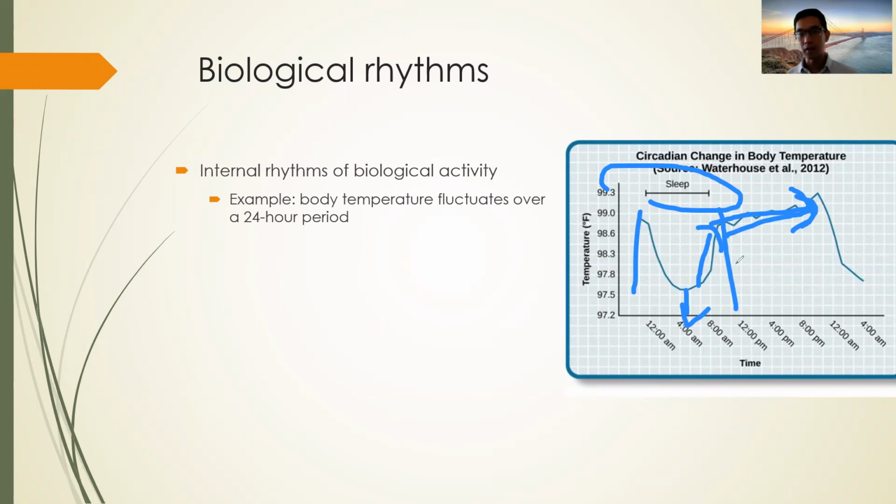There is this kind of pattern of changes that repeats every 24 hours. So there is a 24-hour period of internal rhythm for body temperature. So that's why we see that inside the physical body there is internal rhythm.